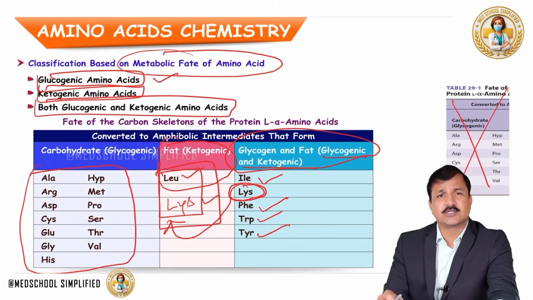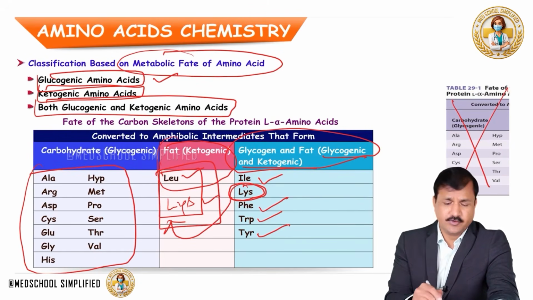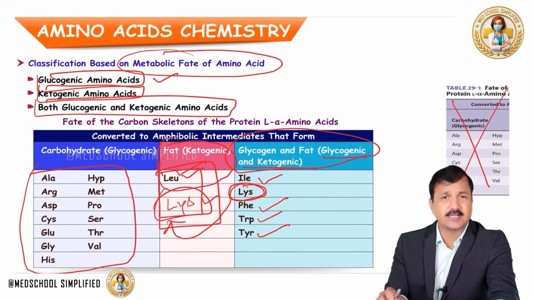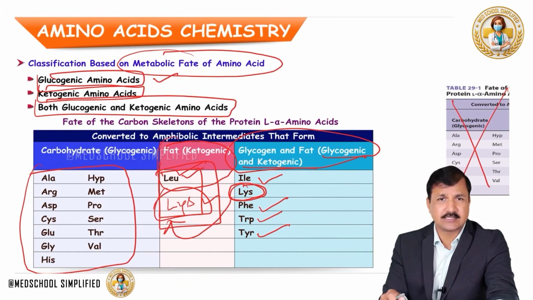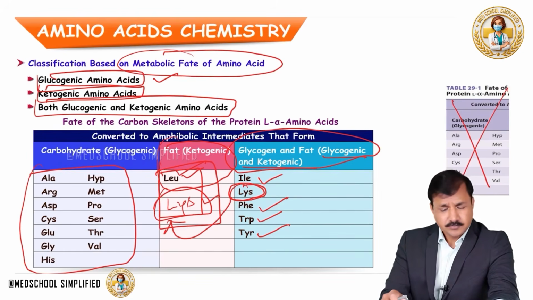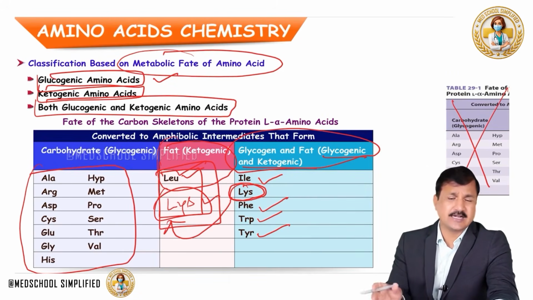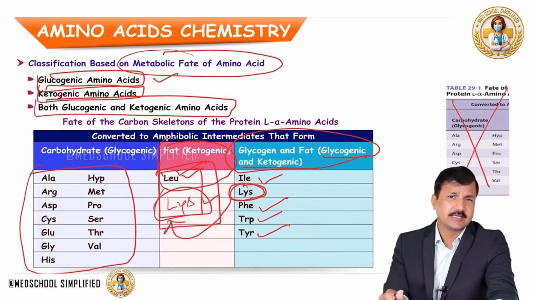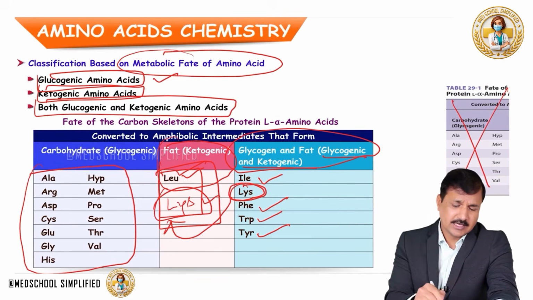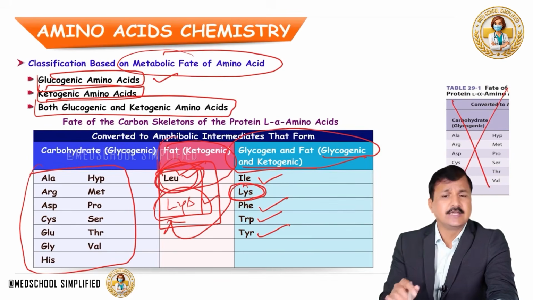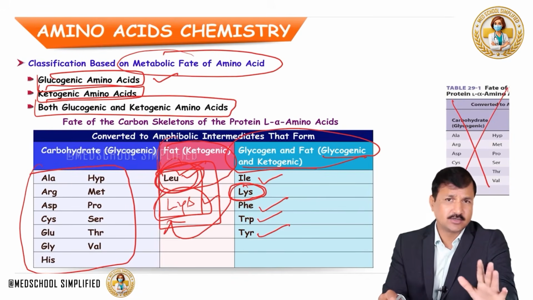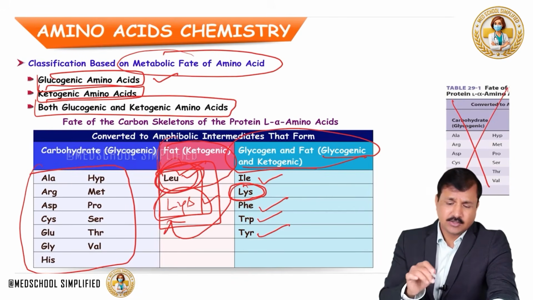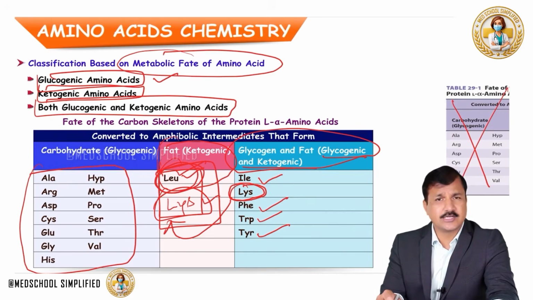If the question is about ketogenic and leucine is not given but lysine is there in the choices, go for lysine. That's the answer. But if leucine is there, lysine is there, and other amino acids are given, and you have to choose one best ketogenic amino acid, at that time just go for leucine even if lysine is present. So just go by the question. Anyway, what are the amino acids which are both glucogenic and ketogenic?